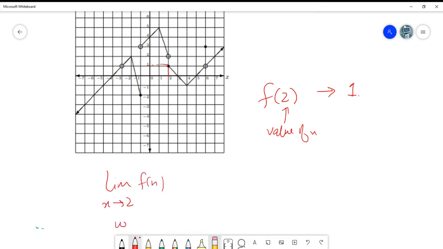So how do we read this? This is read as, what is the limit of the function as x approaches 2? So I'll not be looking at x exactly at the point 2.